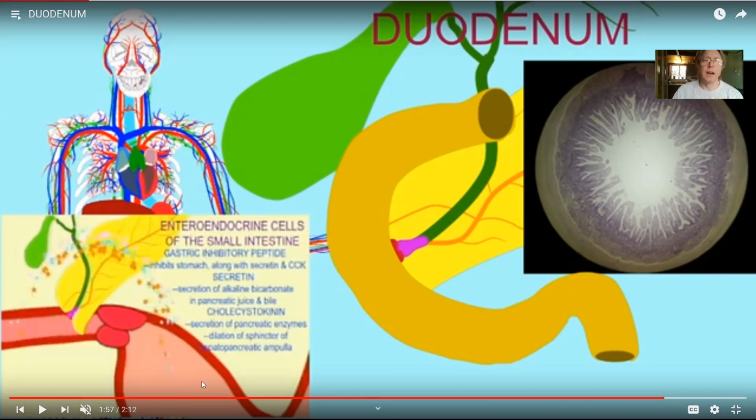And so the duodenal glands are unique. And so this first section of the small intestine, the shortest section, is recognized as distinct from the others.